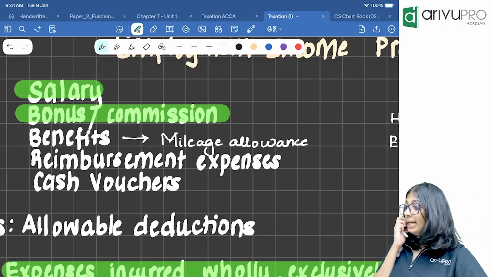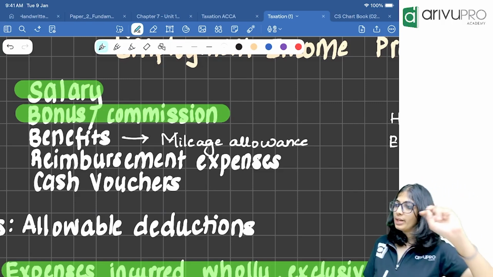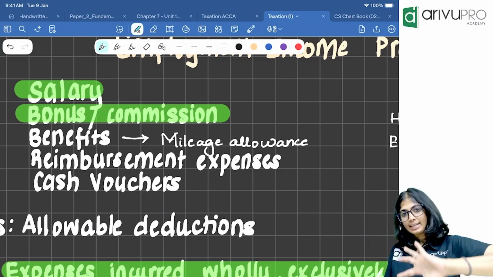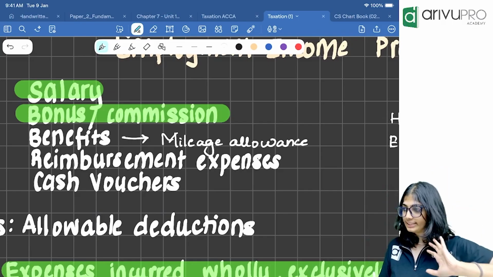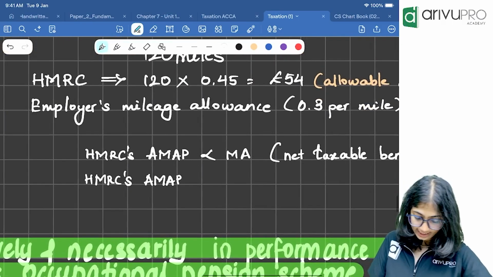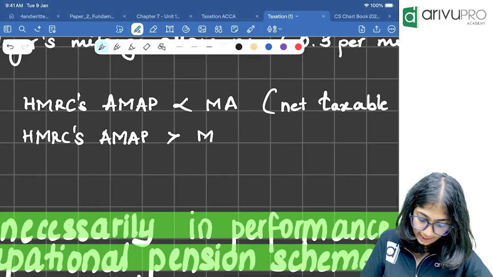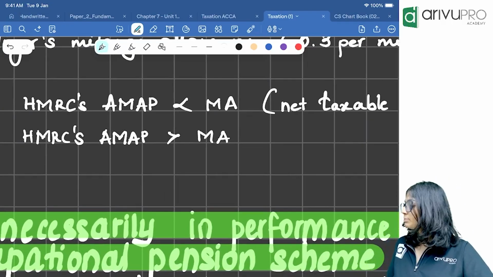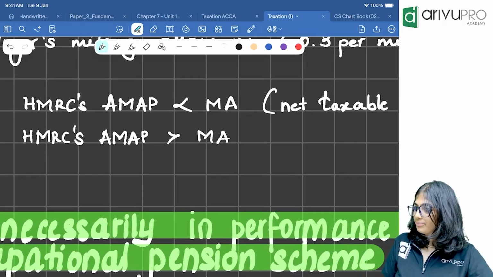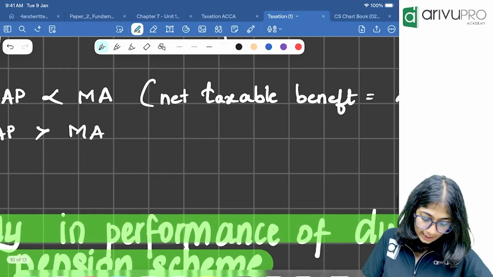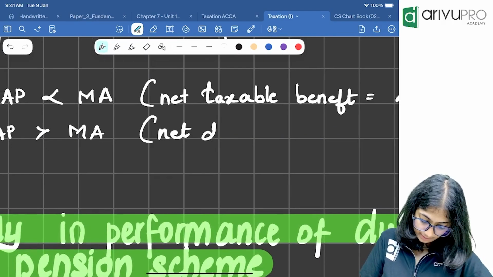So we have to look at the net amount. You cannot have both a benefit and a deduction under the same thing. So here what they have said is, HMRC's AMAP is greater than the mileage allowance the employer is providing you. So on the net amount you can get a deduction.